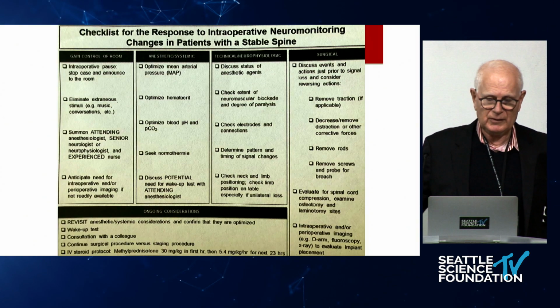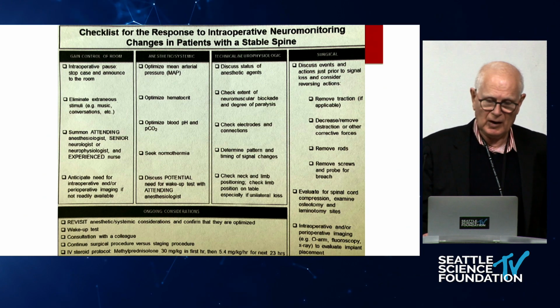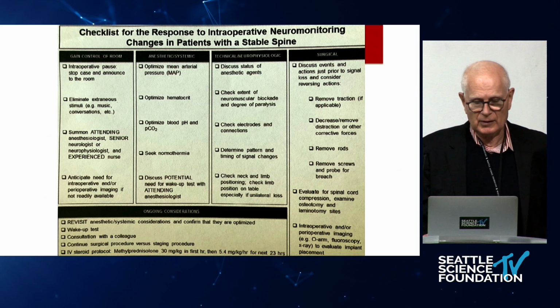We do have a posted checklist, what we do when we have an abnormal signal in the operating room, and I think these should be in every spine surgery room.